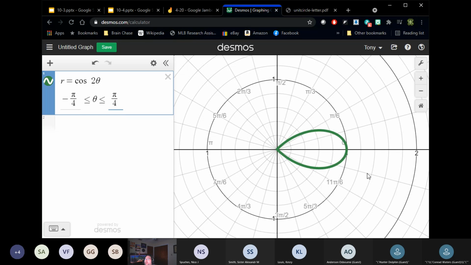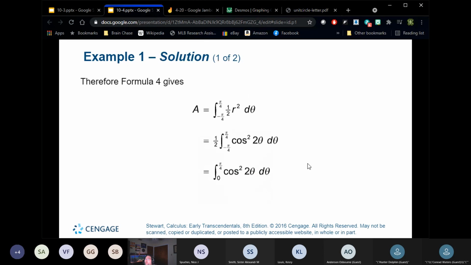So when I'm looking at a thing like this, we want to look at it in terms of symmetry. Instead of doing negative pi over 4 to pi over 4, I'm just going to do 0 to pi over 4, and then I just have to multiply this function by 2 because I have 2 of them. Does that part make sense?